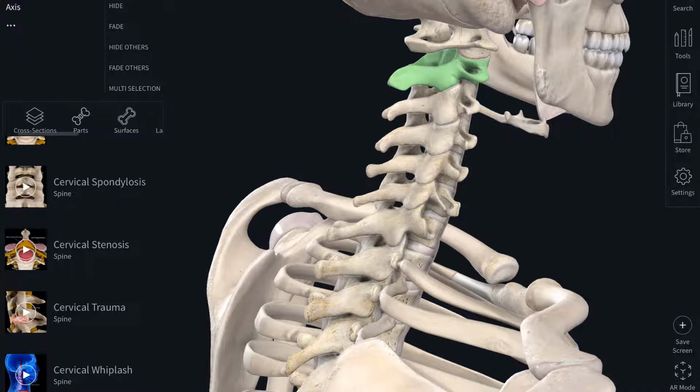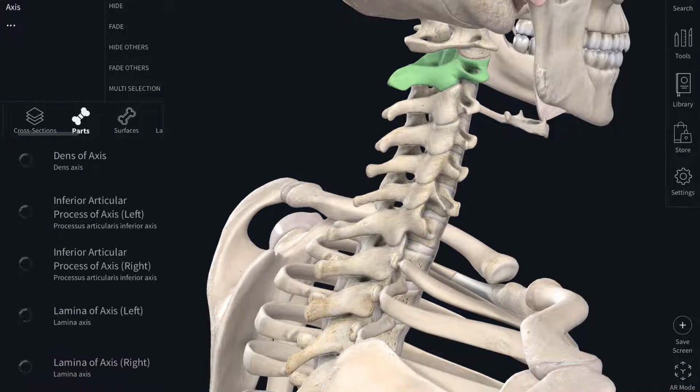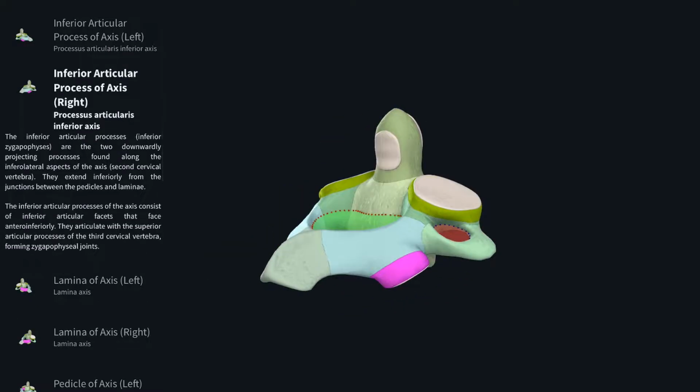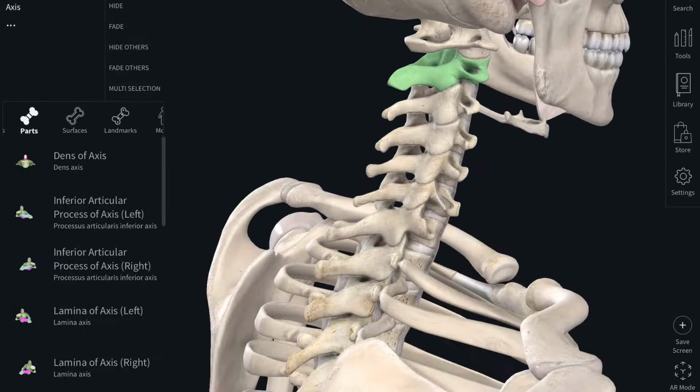Then going lower, the dens of the axis, and the inferior articular process of the axis. And then it sits above C3 to C7, which have small vertebral bodies designed by evolution to support the fairly light weight of our head.